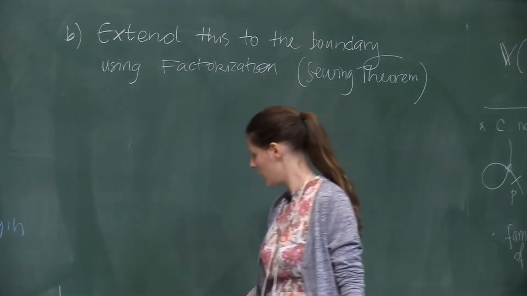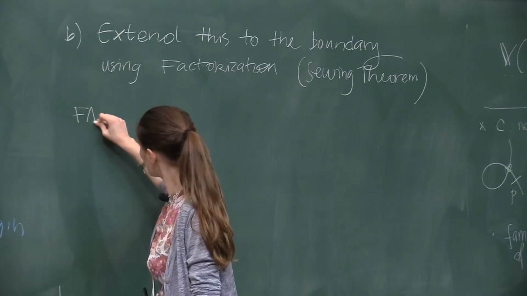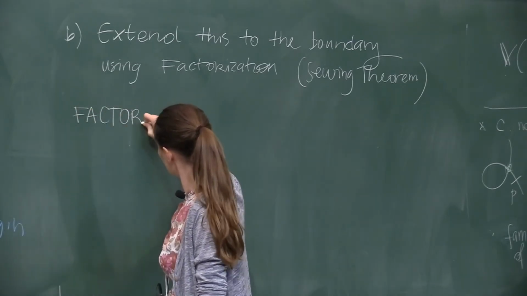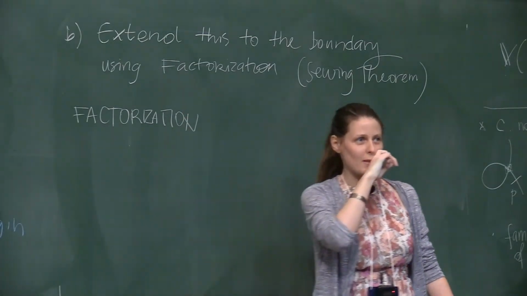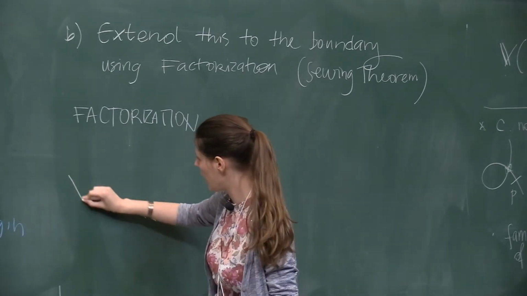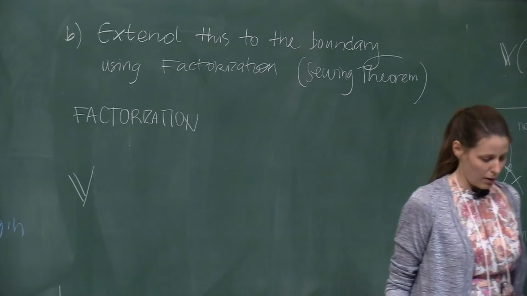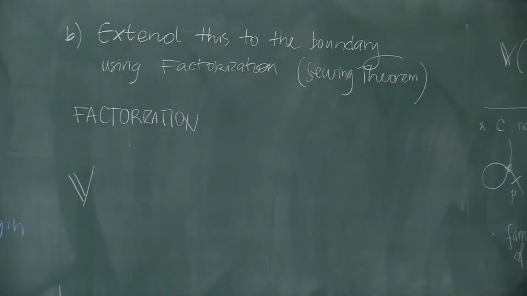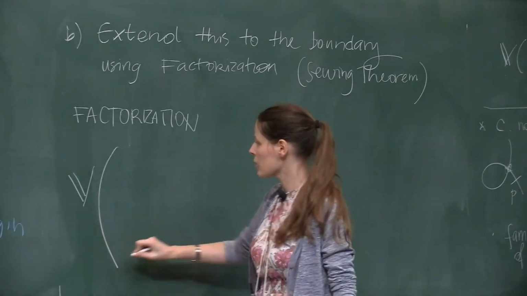So let me state what the factorization looks like explicitly. I guess many of you have already seen this, but let me use a pictorial description of my spaces. Instead of writing V of C, P, V, and M, I just want to do this.